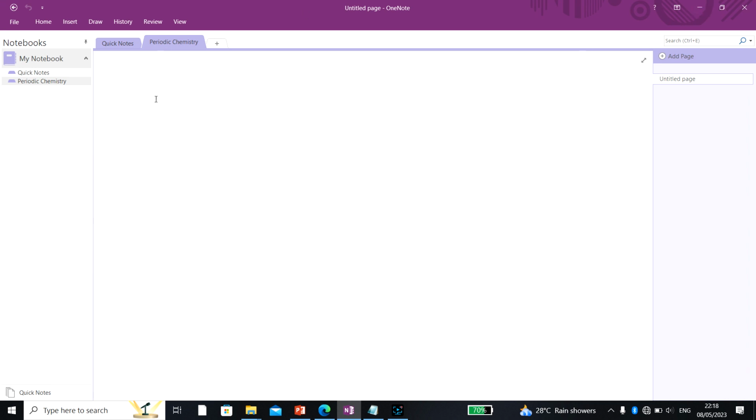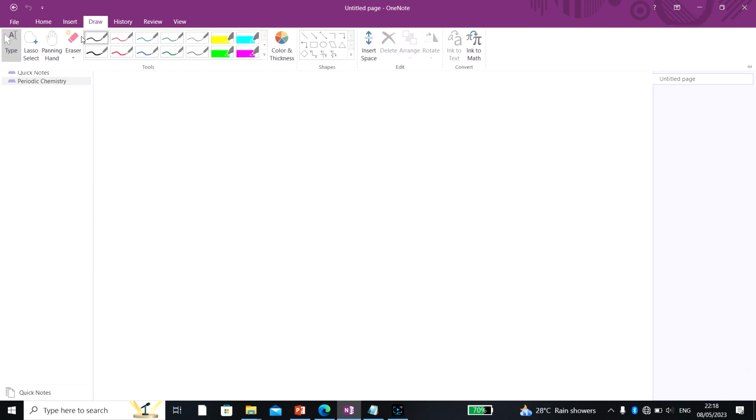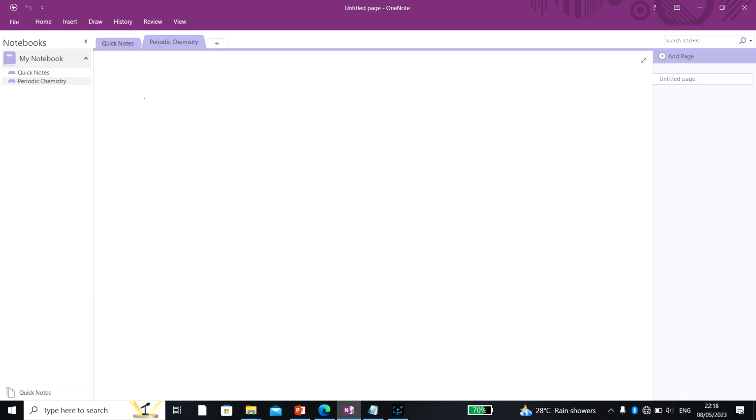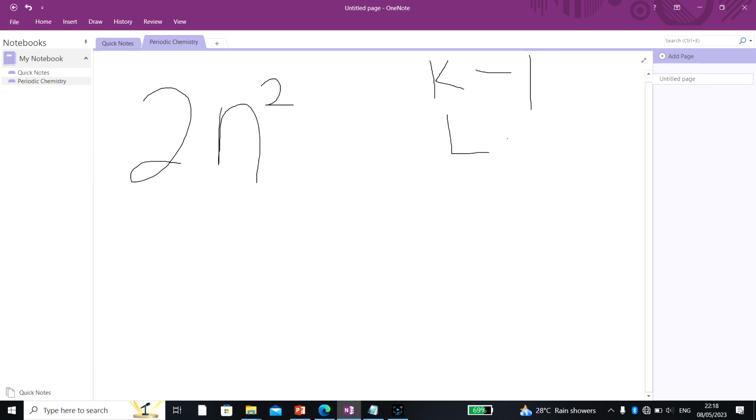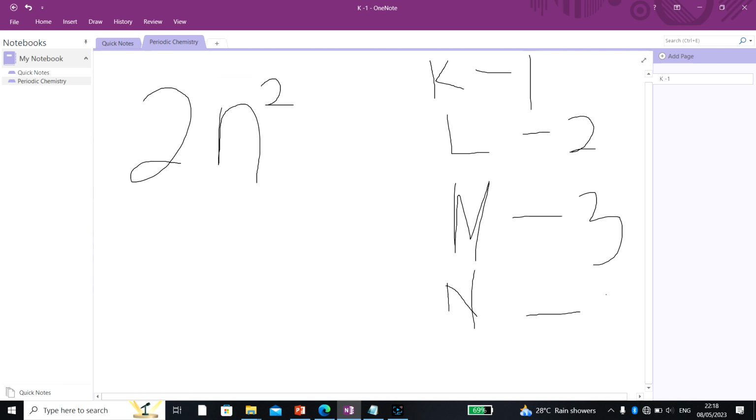So we are saying that the formula is 2n squared. With this, we are looking at the maximum number of electrons that the K shell can carry. We know that K is 1, L is 2, M is 3, and N is 4.